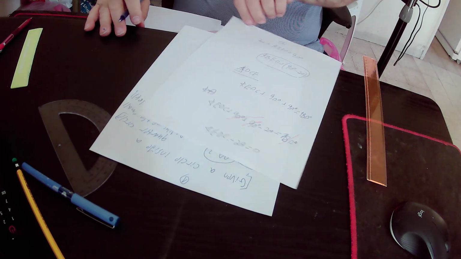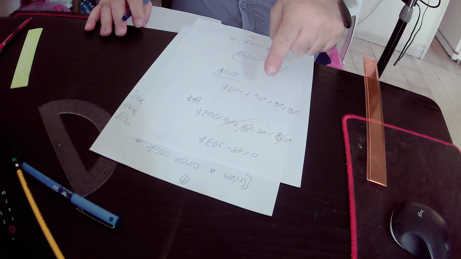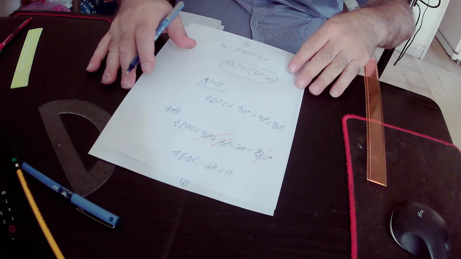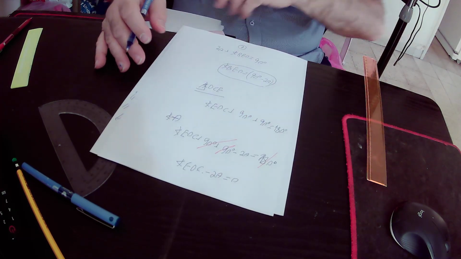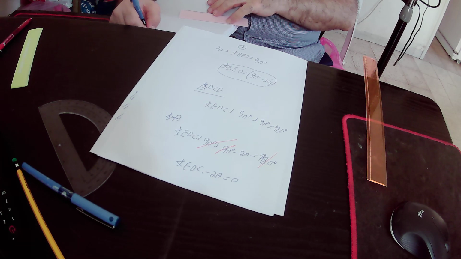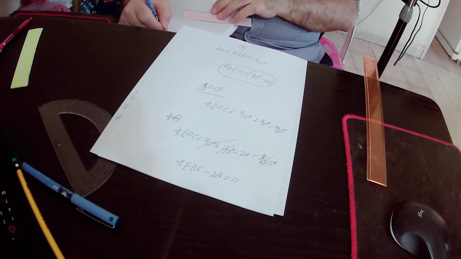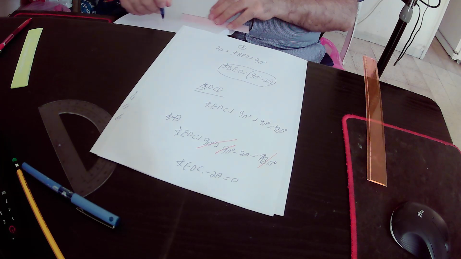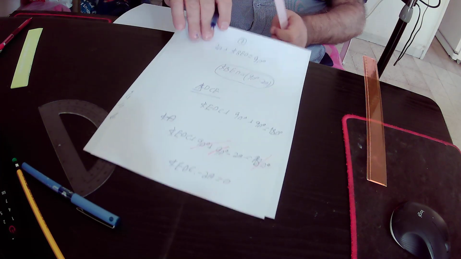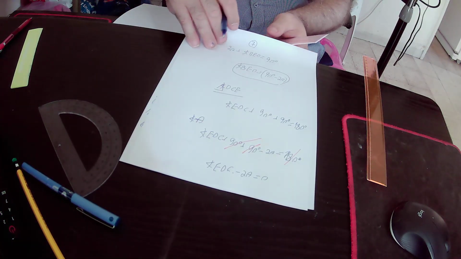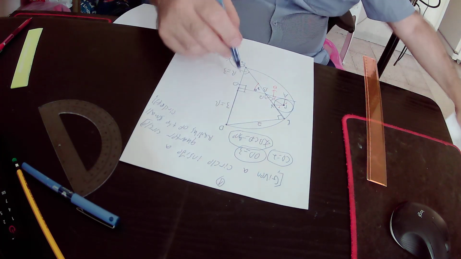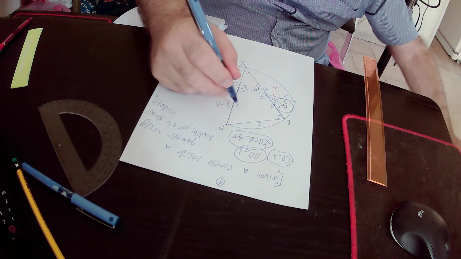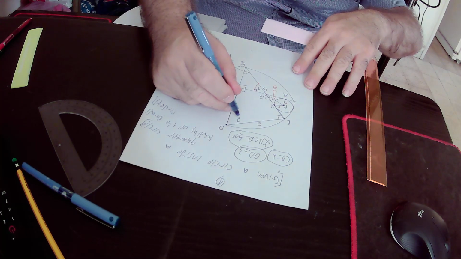So here we will add 2 theta to this equality, and we will get that angle EDC equals 2 theta. Okay, so angle EDC equals 2 theta.